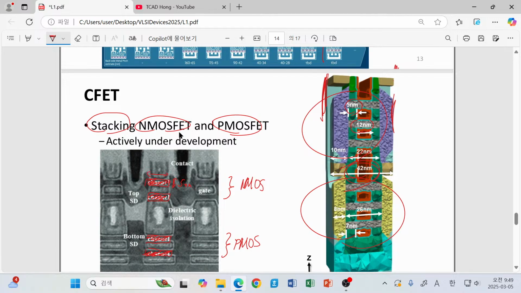So that is the expected future. But today, or in this semester, we will not talk about CFET, because in order to fully understand the operation of a CFET, first of all, we have to start from the planar MOSFET, the old-time technology.